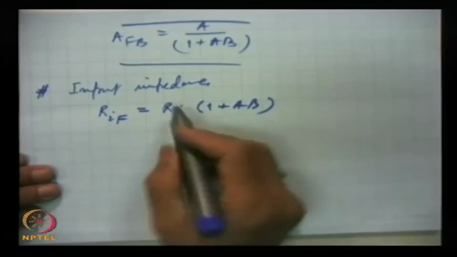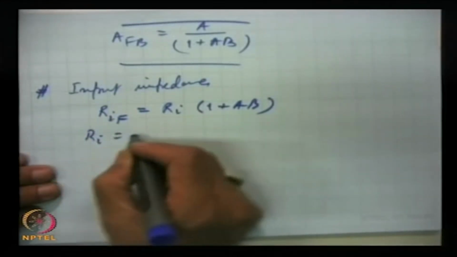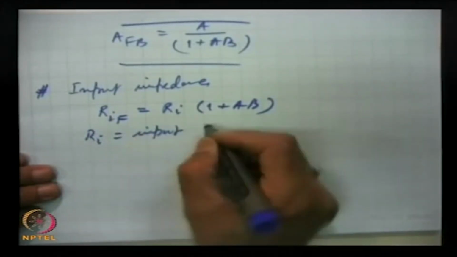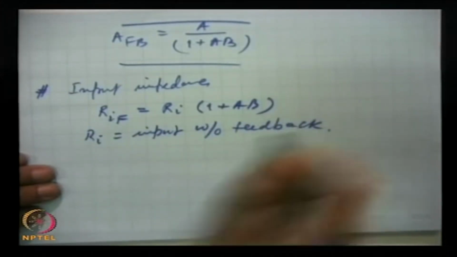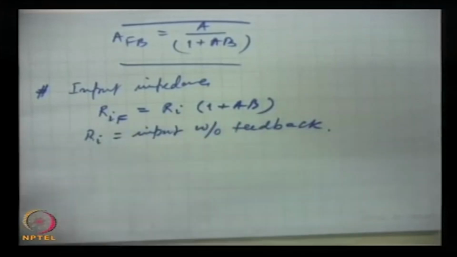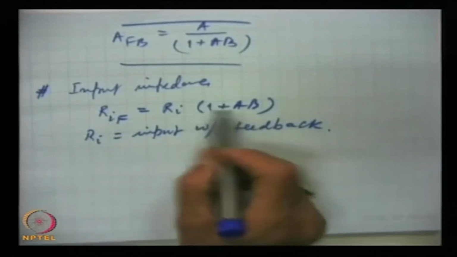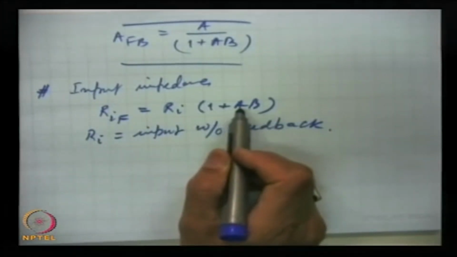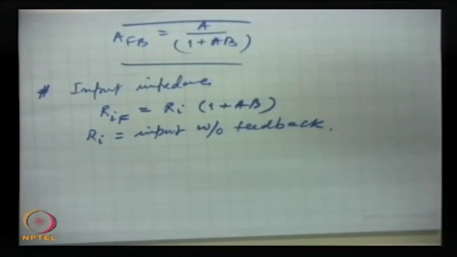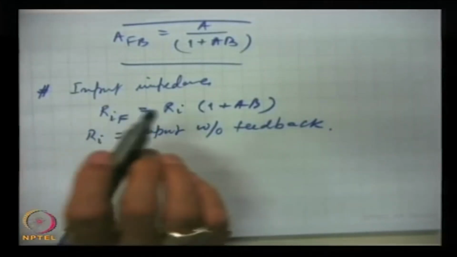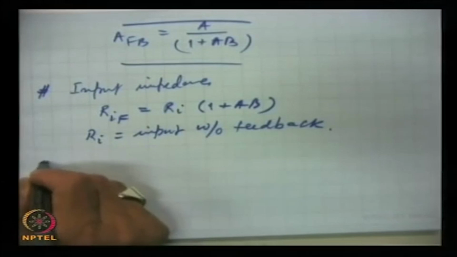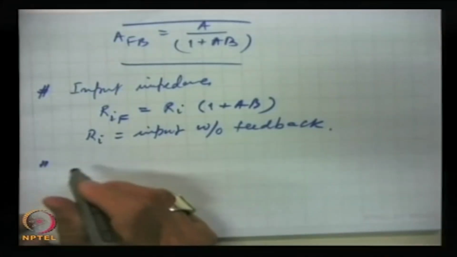If Ri is the input impedance without feedback, then with feedback it will increase by this factor, and this factor is, for example, often 1000 and more. So the input impedance will increase 1000 times, and the output impedance in this case will be reduced.